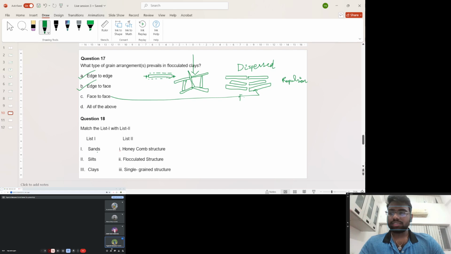Sands exist as single grain structure. Silts exist as honeycomb, and clays exist as flocculated. So it is fairly straightforward.